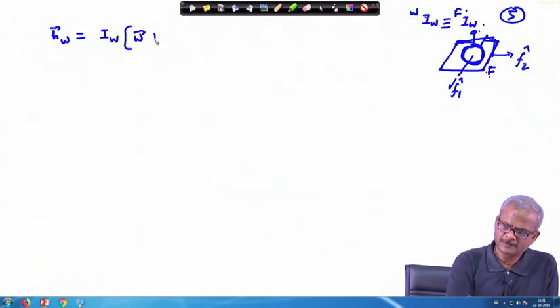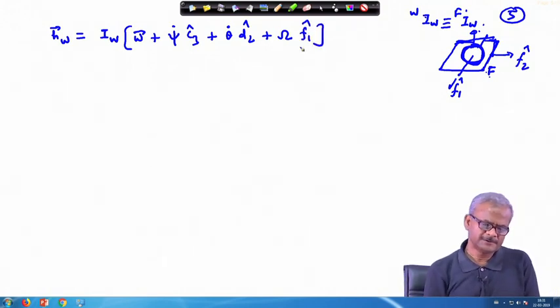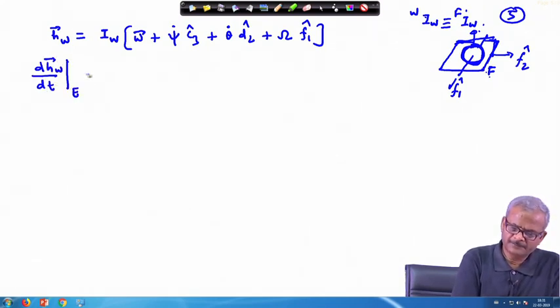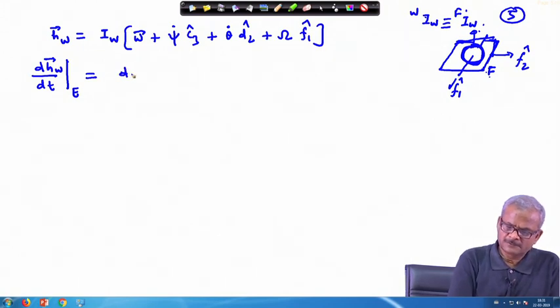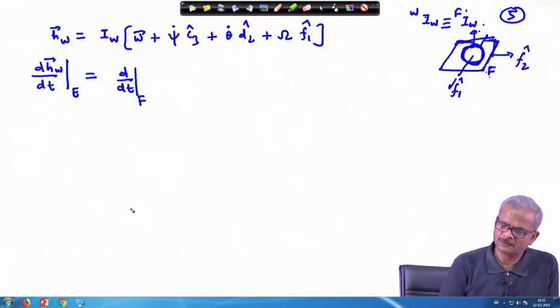So, this is omega plus psi dot times C 3 cap, and then theta dot times d 2 cap, and capital omega times F 1 cap we have got, and we need to differentiate this in order to get the dh by dt of the wheel with respect to the E frame. So, this we will do first with respect to the F frame, in which the wheel moment of inertia is not changing, and thereafter we can go up.